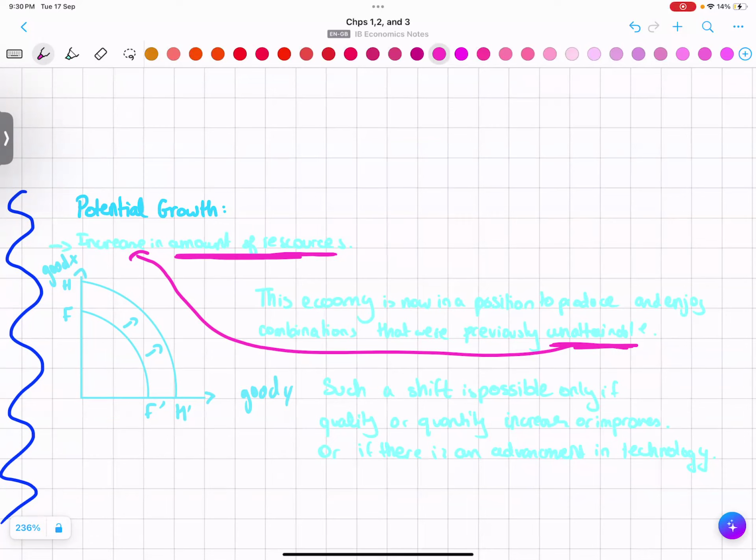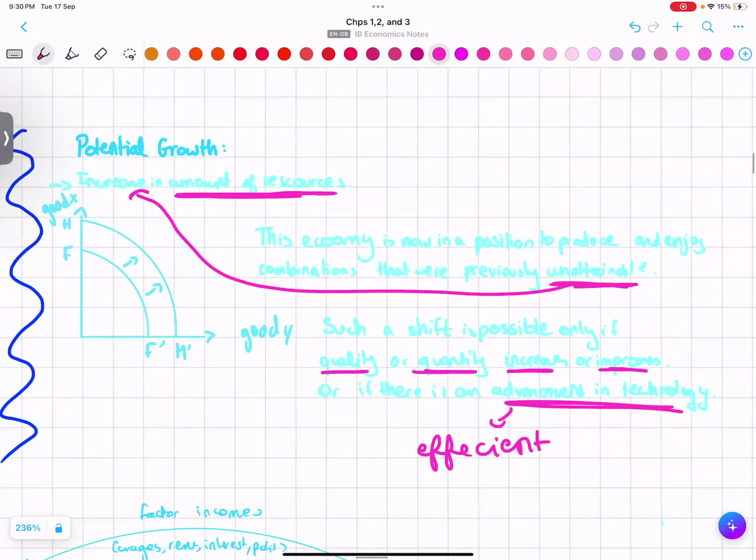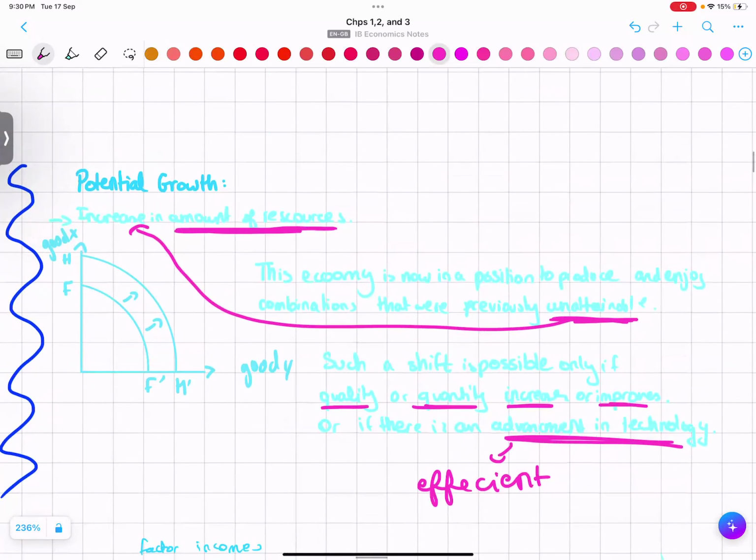Such a shift is possible only if quality or quantity increases or improves, or if there is an advancement in technology, very important. Advancement in technology means that the technology is more efficient. For example, let's say you have a machine that produces cupcakes.